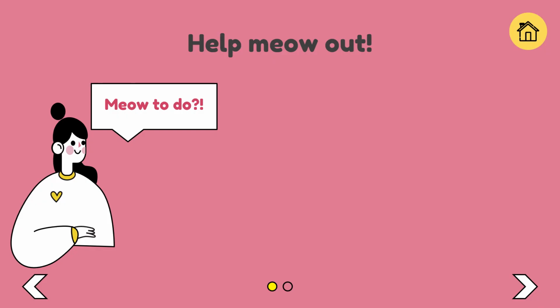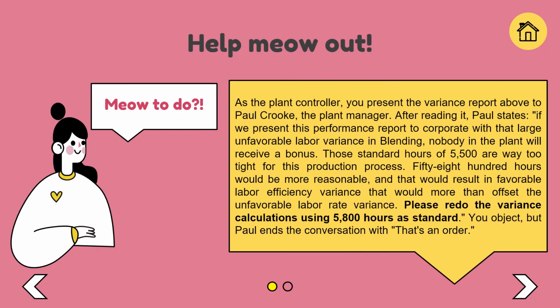Help Meow out. As the plant controller, you present the variance report above to Paul Crook, the plant manager. After reading it, Paul states, if we present this performance report to corporate with a large unfavorable labor variance in blending, nobody in the plant will receive a bonus.